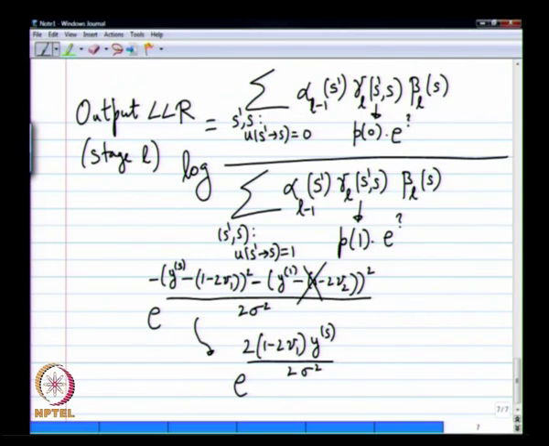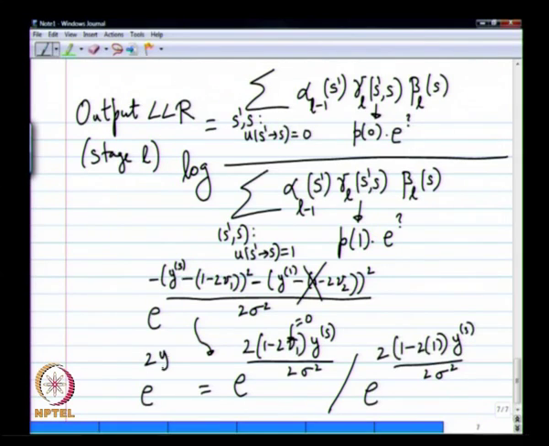So, what will happen finally when I take the ratio, this divided by e power. So, I have to put V1 equal to 0 here, then e power 2 times 1 minus 2 times 1, Ys by 2 sigma squared. So, finally, all these things will add up to e power 2 Ys by sigma squared. Is that right or not?